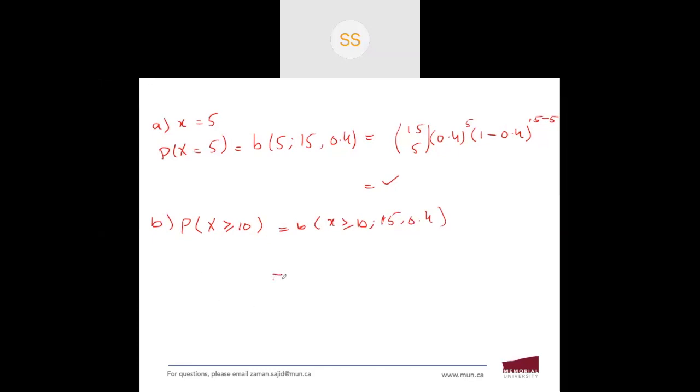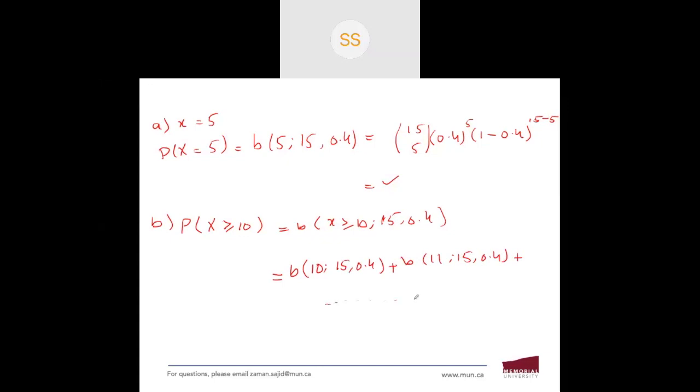Now, there are two ways to solve this. One is that we start from 10 and go up to 15, which is the maximum. So how do we do that? It's b of 10, 15, 0.4 plus b of 11, 15, 0.4 and so on.